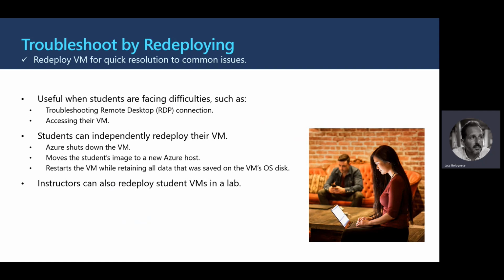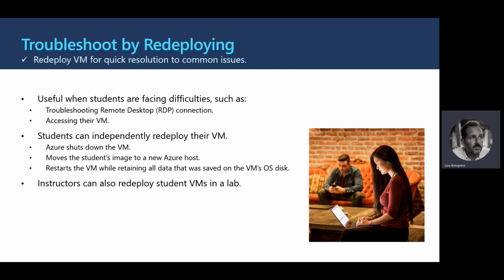From a student perspective, there were situations in the past when the student couldn't connect through RDP to their VM. And what we used to do was to move the VM to a new Azure host. So shut it down, take the disk, put it on a new Azure host, and things magically worked.